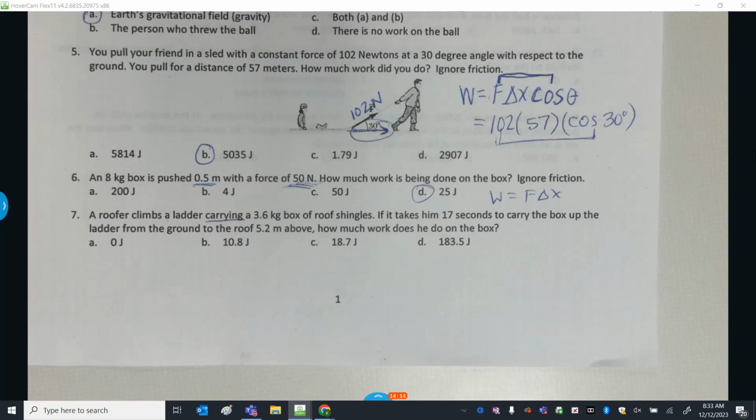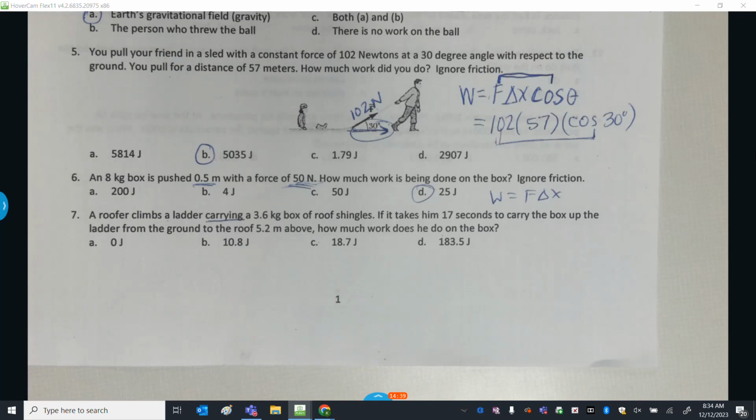We talked about this in class because there are lots of scenarios where somebody carries a box across a room, and you're absolutely right, that's not work. Because if you're carrying a box across the room, your force is upward, but your displacement is forward. They're perpendicular to each other. However, if you're carrying something upstairs or up a ladder or you're going up, well now guess what?